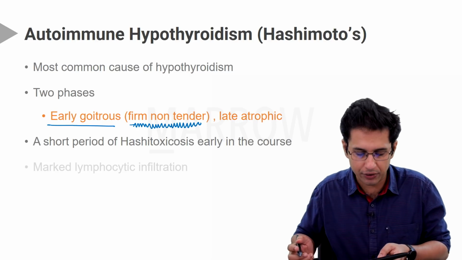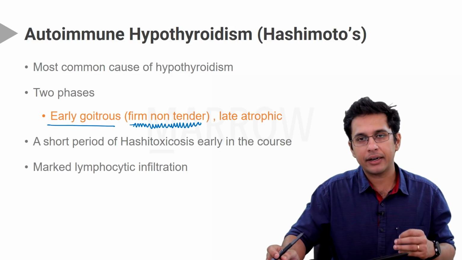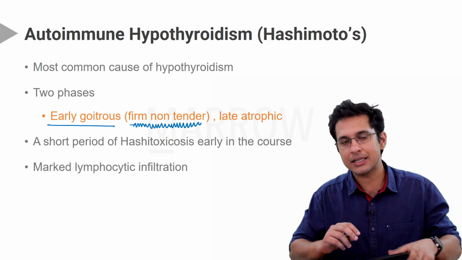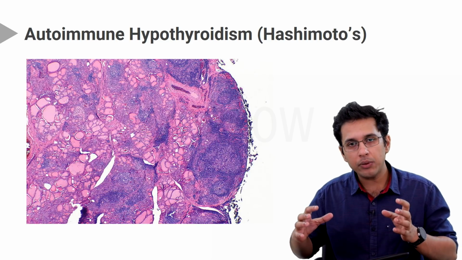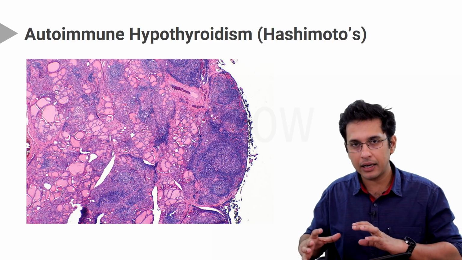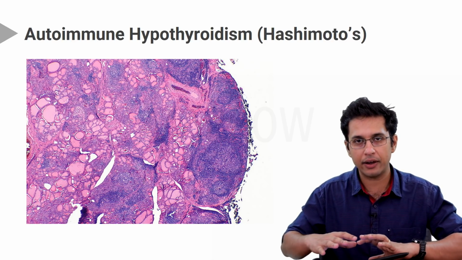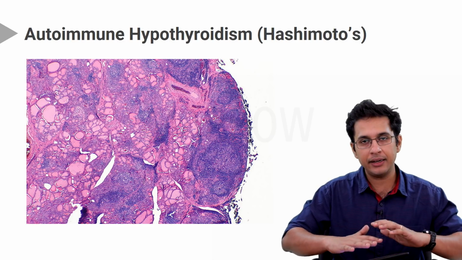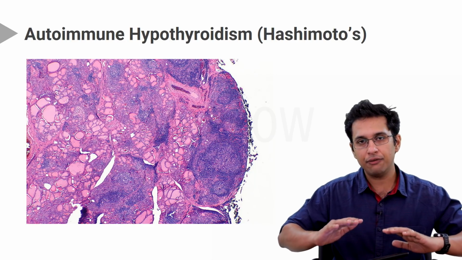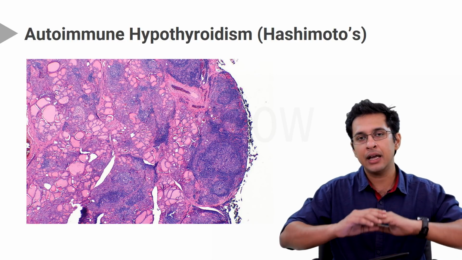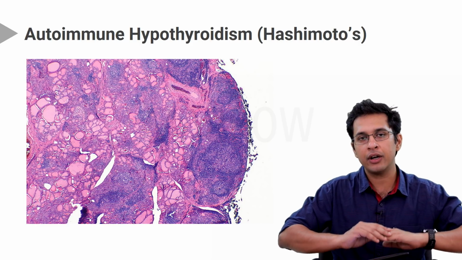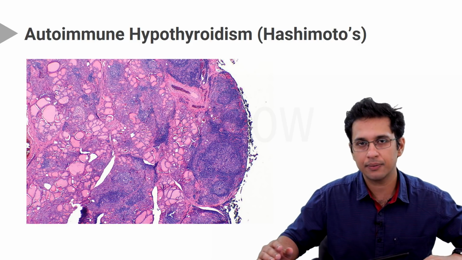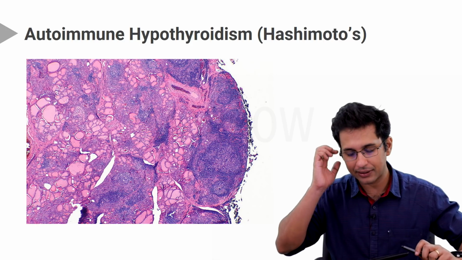It is called hashitoxicosis, and there is marked lymphocytic infiltration. In fact, an army of lymphocytes comes like a war and attacks the thyroid and basically replaces the entire thyroid tissue with lymphocytic infiltration, rendering the thyroid useless. It just damages the thyroid.